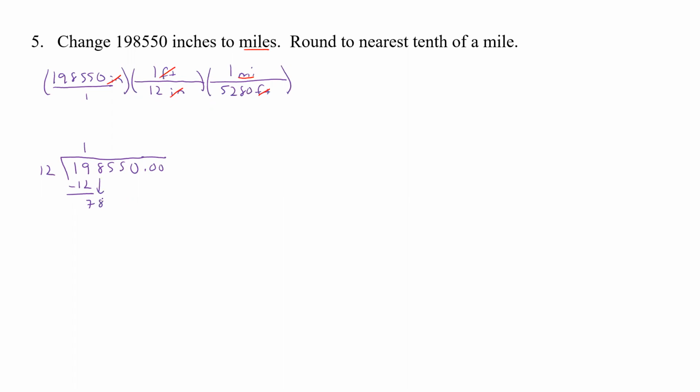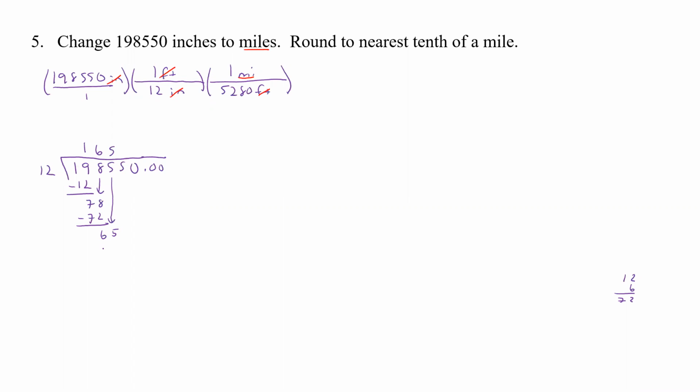Bring down our 8. 12 times what will give us 78? 12 times 6 maybe will give us 72, I believe. And I can't get any closer, so that's going to be a 6. And that's 72. Subtract that, that's going to be 6. Now we bring down our 5, and that's going to have to be a 5.